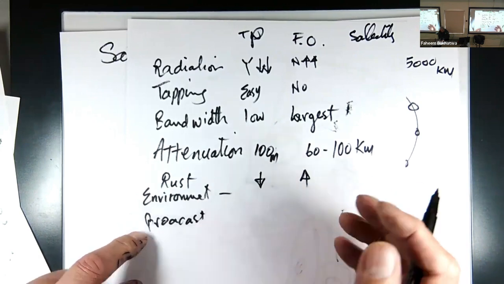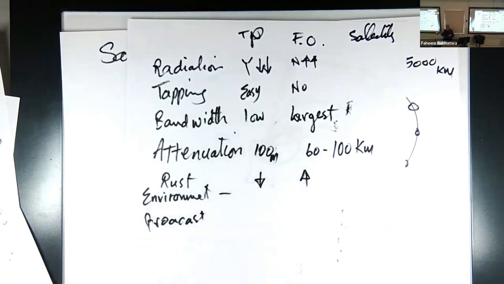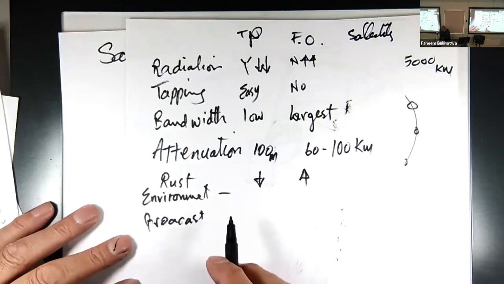All broadcast is either point to point or multi-point. If you're going for point to point, maybe fiber optic is better. But if you want to broadcast, let's say you want to transmit a television channel to London, you're not going to lay down cables. It'll take you years. So a satellite is great.